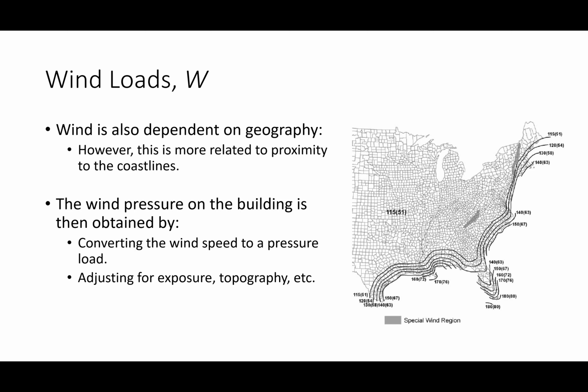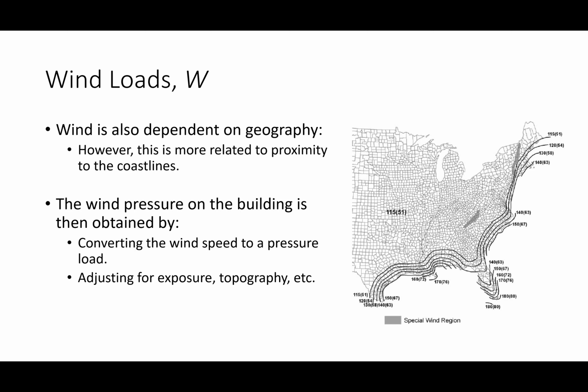So here out in Florida, we got some pretty high wind loads because of the potential for hurricanes. Out here in Huntington, West Virginia, we don't have to worry about that. But in the coastal regions, we have to up those wind speeds a little bit. Plus, even if hurricanes aren't an issue, just the nature of wind in coastal regions. How many of you have ever been to the beach and noticed it's just windy? That's kind of a feature of the beach, that it's just a windier area.